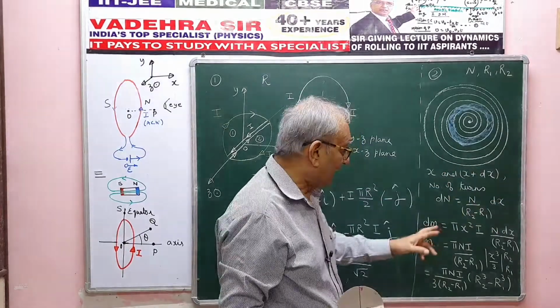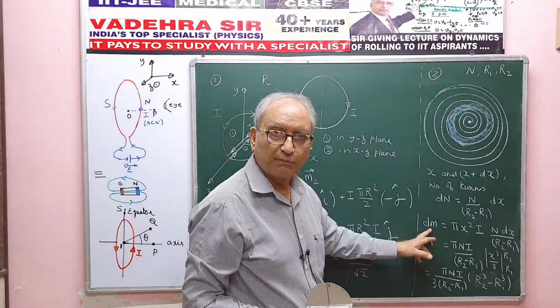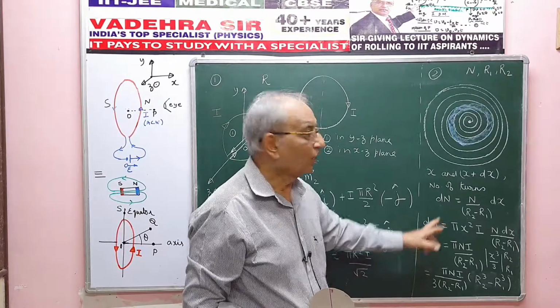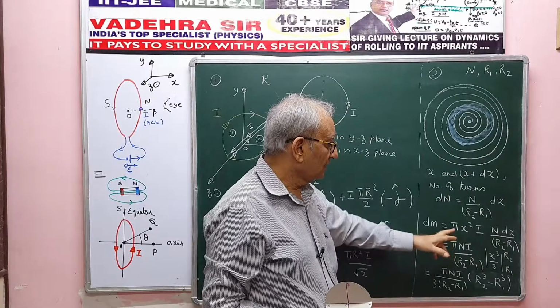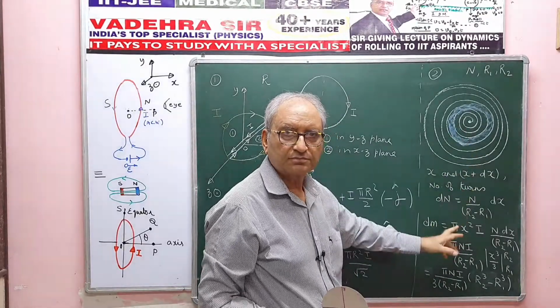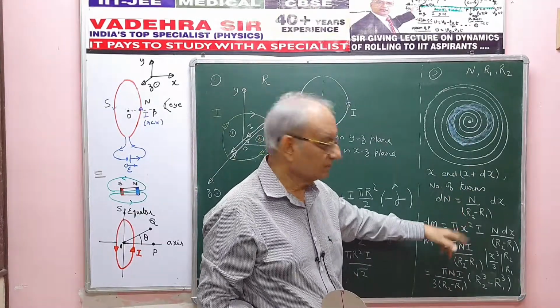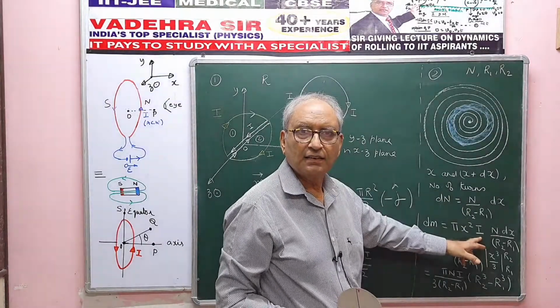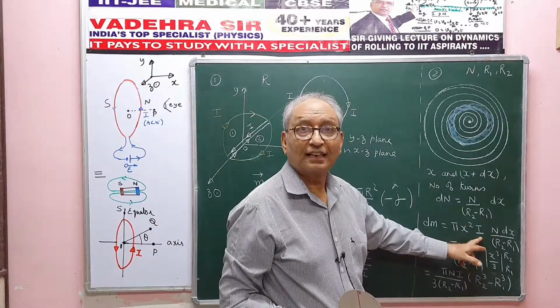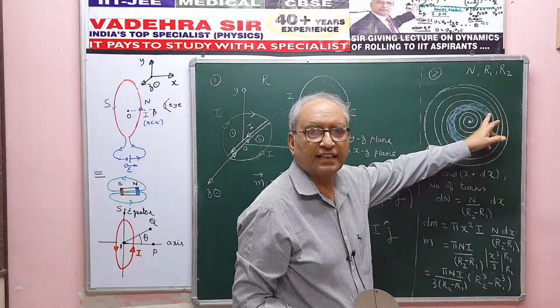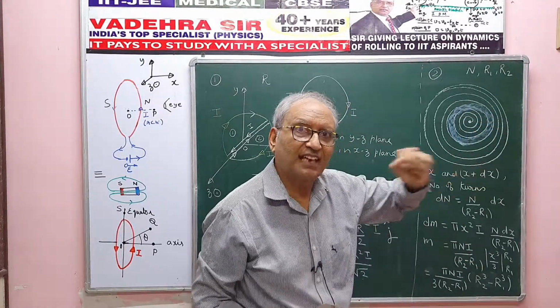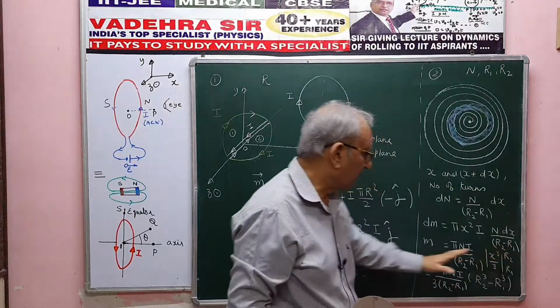Right. I find the elemental dipole moment dm of this blue area, that will be pi x square area multiplied by I multiplied by dn, that is the number of turns within this blue shaded thing, between x and x plus dx. So dn, I just replace.